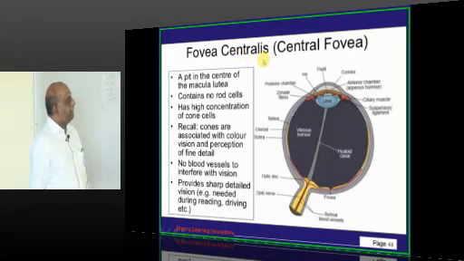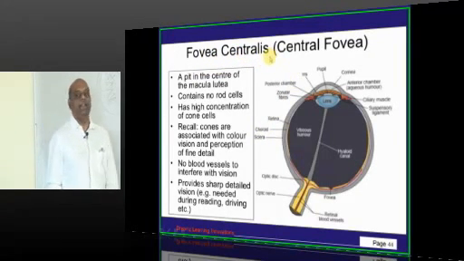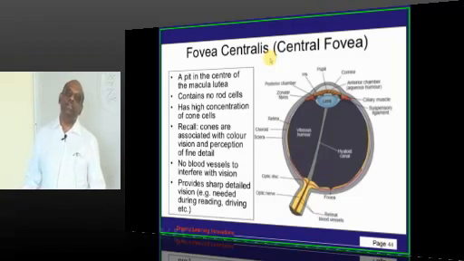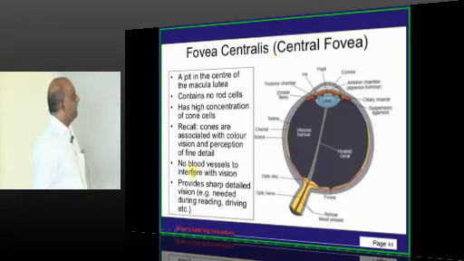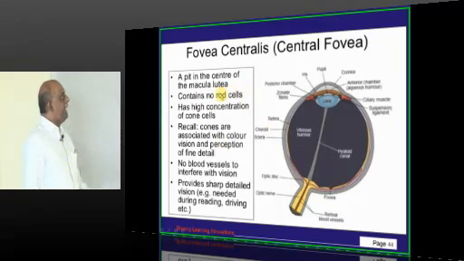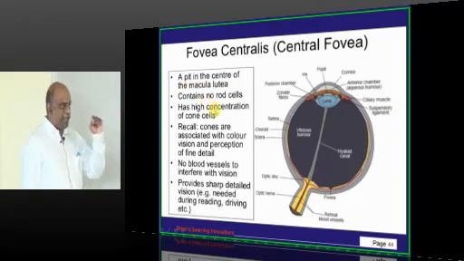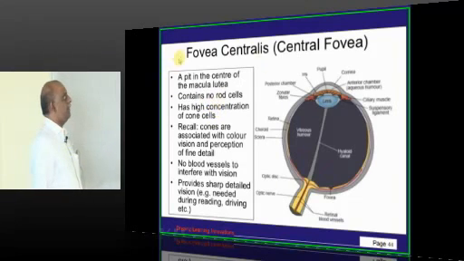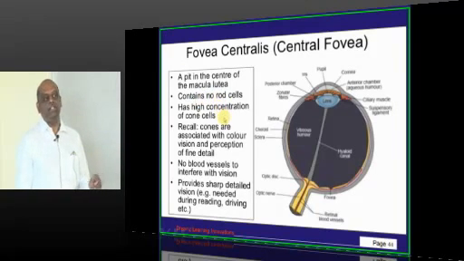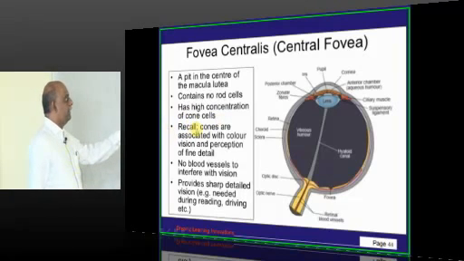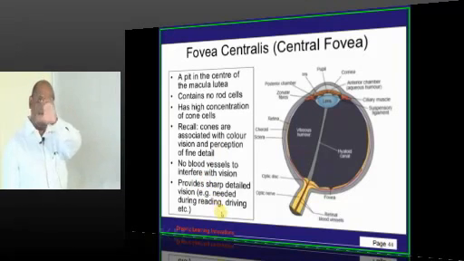Now there is a point which is called the fovea centralis, otherwise called the central fovea. In the center of the macula, there is a pit-like location which is called the fovea centralis. It has no rod cells, but it has a high density of cone cells, and cones are associated with color perception, and also with the fine details of whatever we are visually seeing.